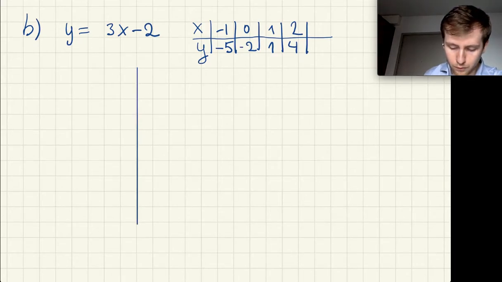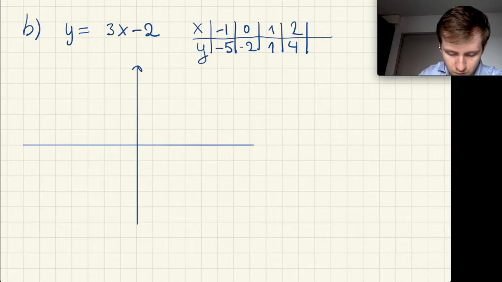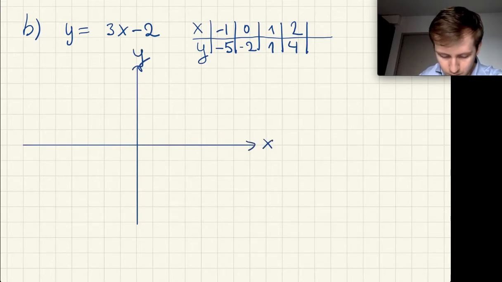So we have a lot of negative values as well. This time I will leave some space for a negative y. I think here, yeah, this would be probably nice. So this is our y and this is our x. We can do some labels.